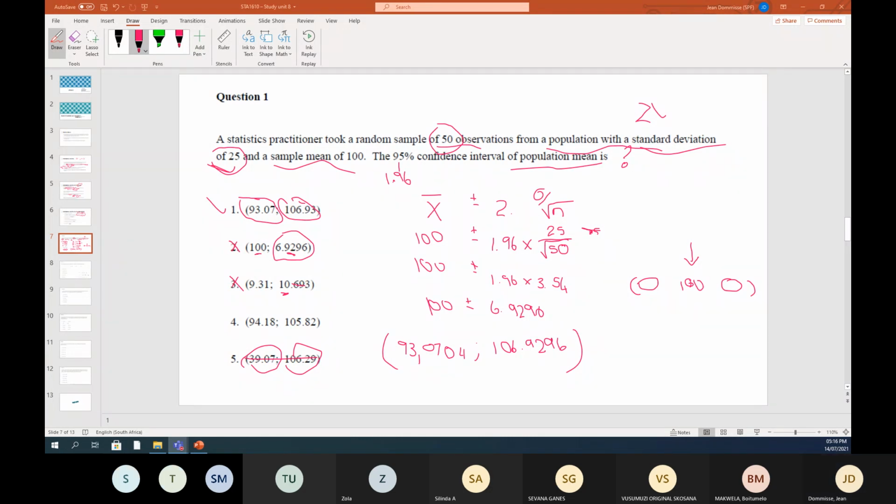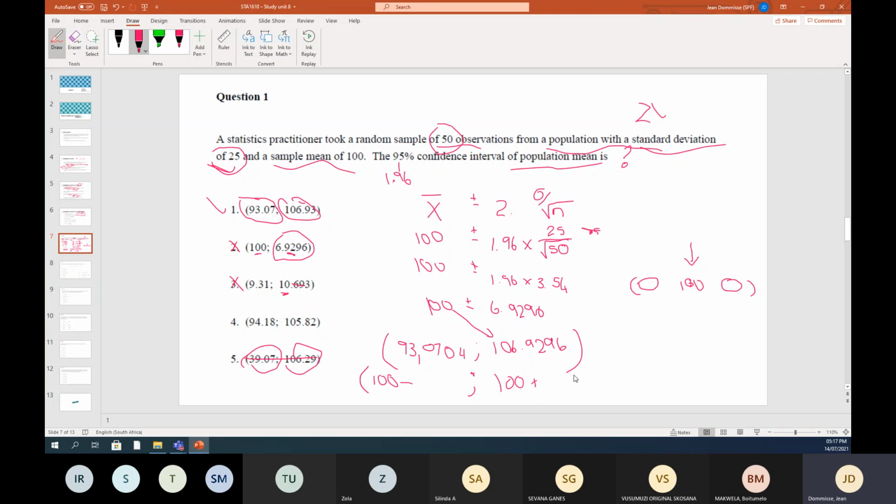Jean, did you say plus or minus 6.9296? For the top one, I say 100 plus the 6.9296, and for the bottom one, I say 100 minus the 6.9296.